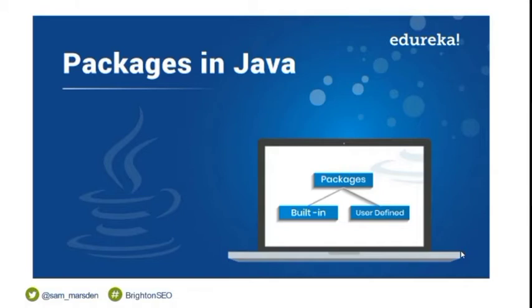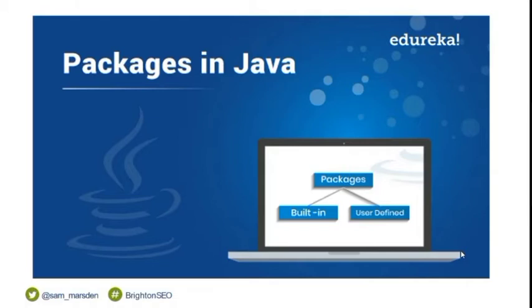The first one, java.lang, is an automatically imported package which contains language support classes. The second one, java.io, contains classes for supporting input and output operations. The third one, java.util, contains utility classes which implement data structures like linked list and dictionary, and also support date and time operations. Java.applet contains classes for creating applets.